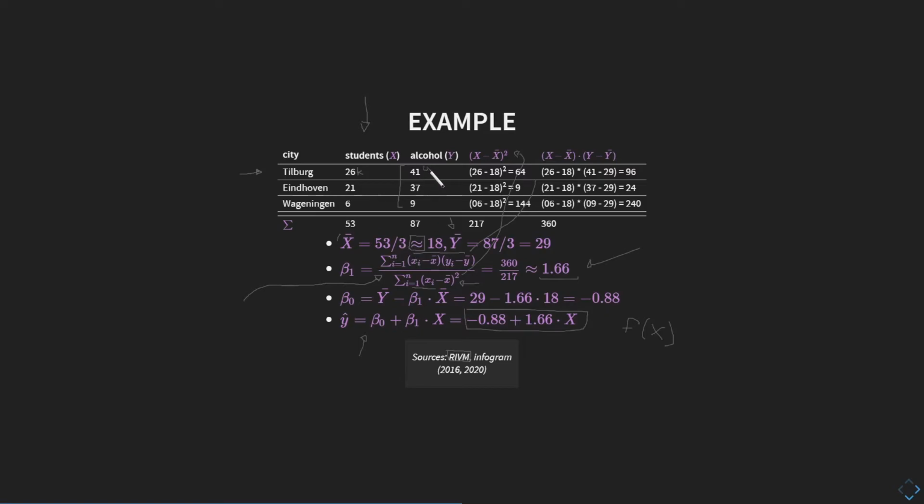So this is a percentage actually. Now just squinting, you can already see that there is some relation right here, right? The higher the amount of students, the more the alcohol consumption, at least according to these three instances right here, we would say that students cause the alcohol consumption to go up, right?